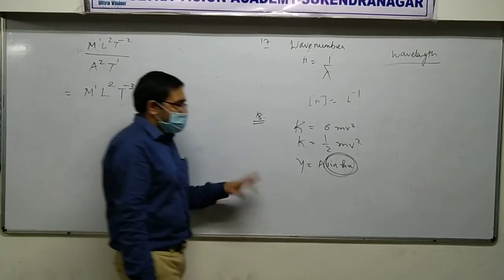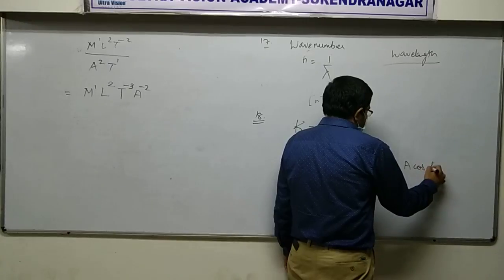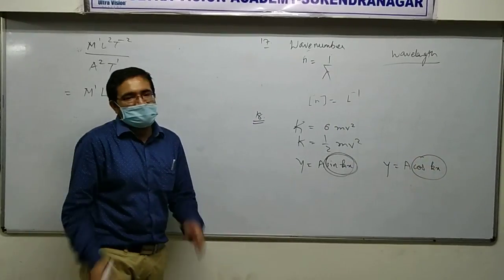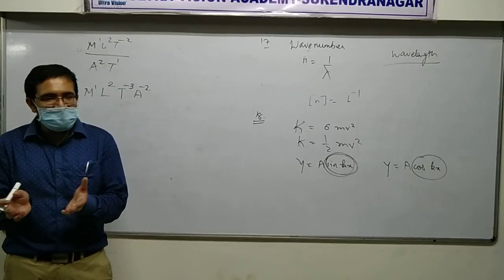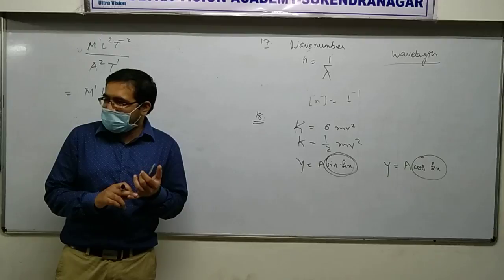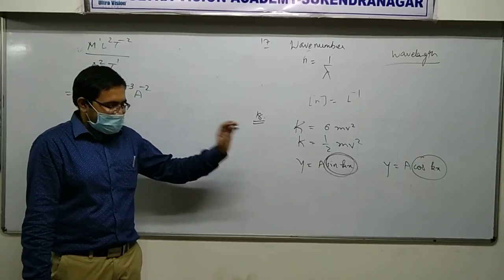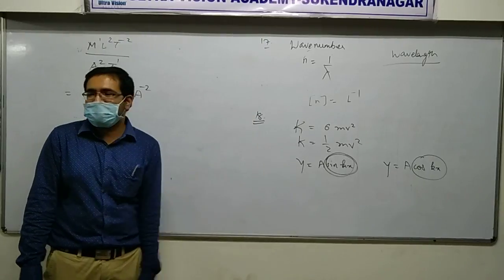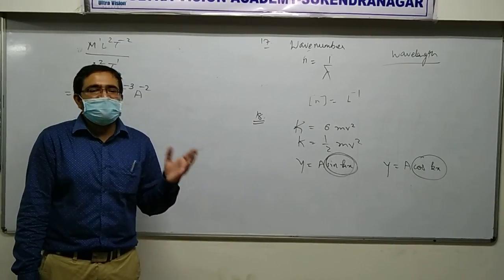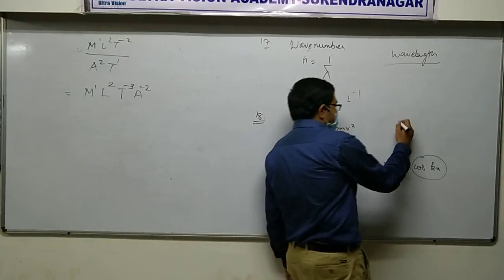So even if instead of sine, it was cos, it would not make any difference to the dimensional analysis, correct or not? Because sine theta is dimensionless, cos theta too, do you remember that? So basically, whenever we get such dimensionless things, that cannot be proven using dimensional analysis. For example, you may prove f equal to ma.